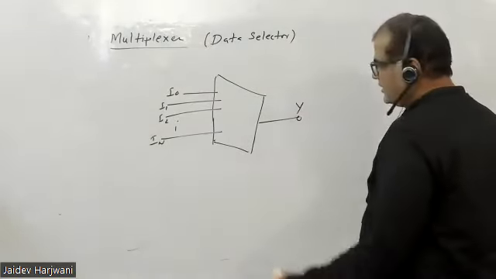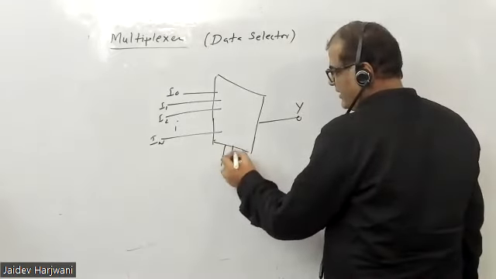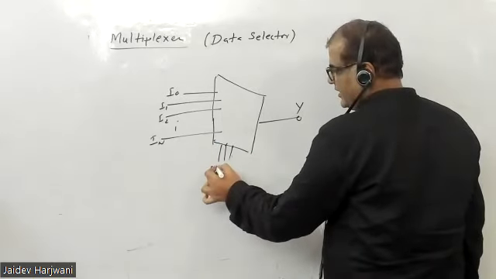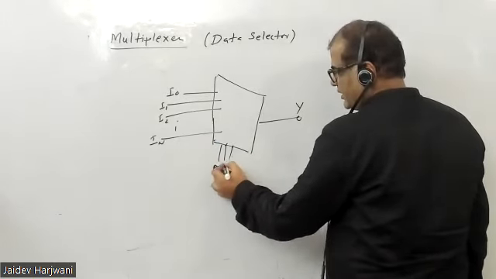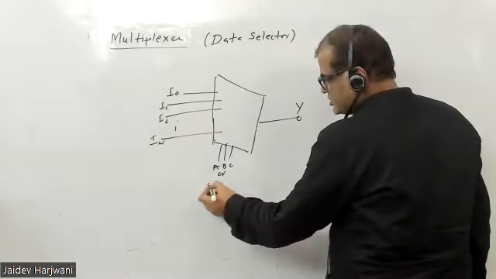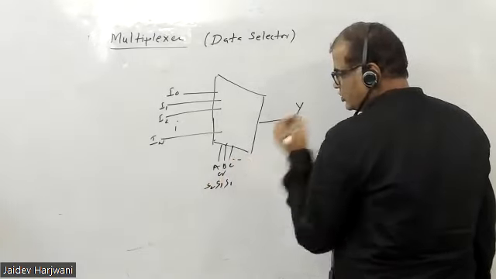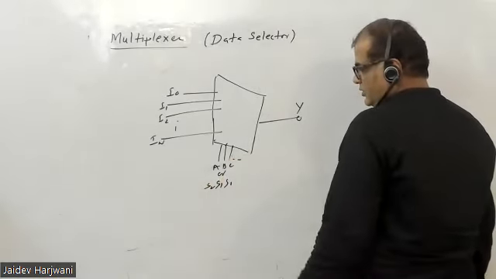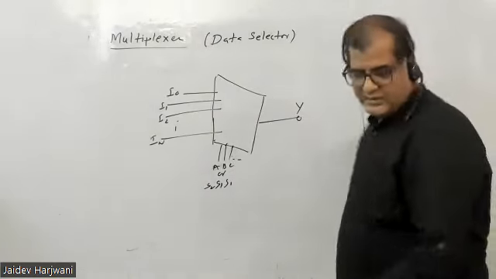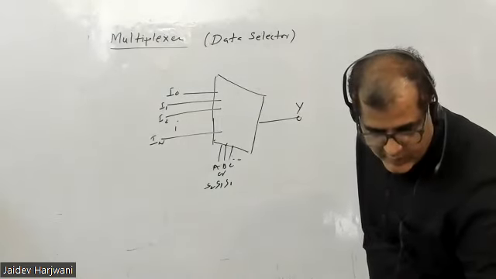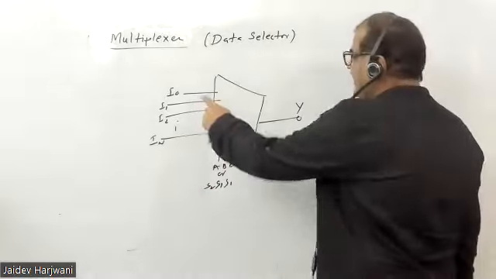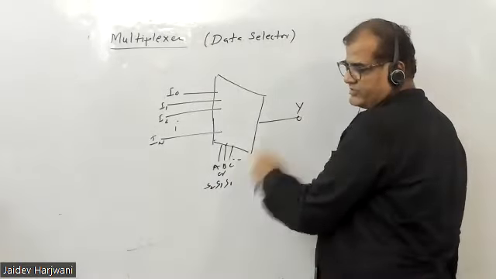Depending on the select lines, suppose there are m select lines, say A, B, C, or S2, S1, S0, sometimes mentioned like that, it will choose only one input at a time. So one input will land at the output, depending on the choice of select lines.